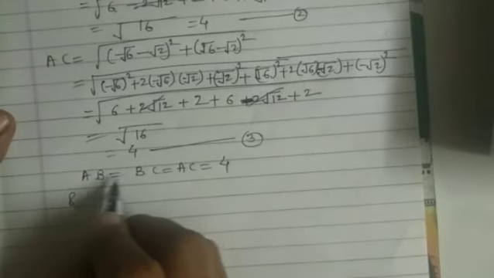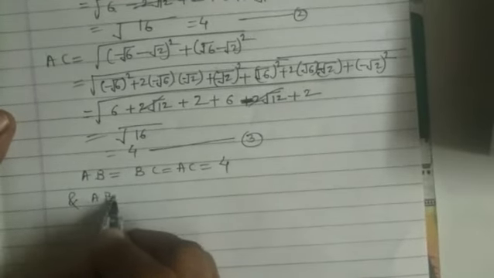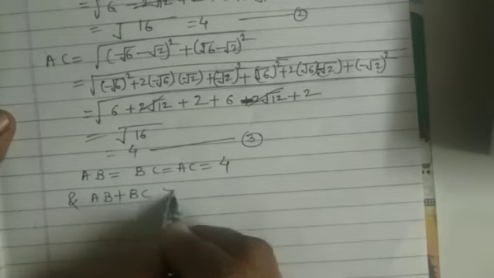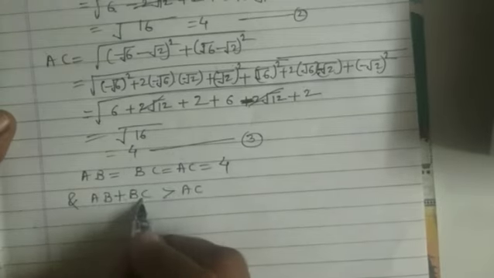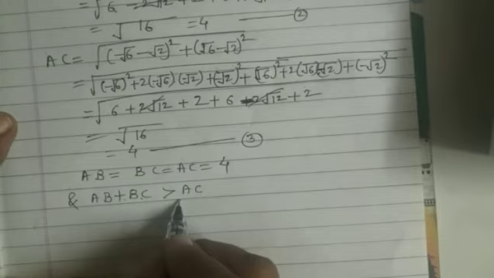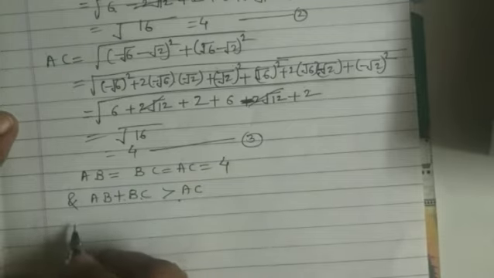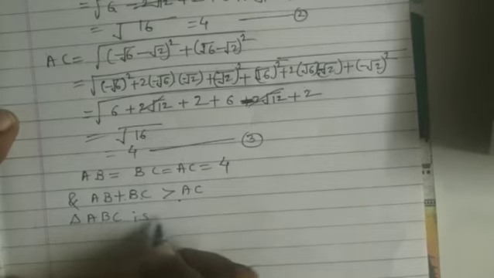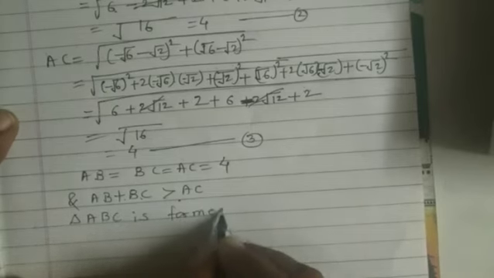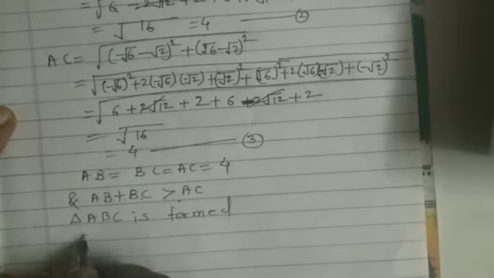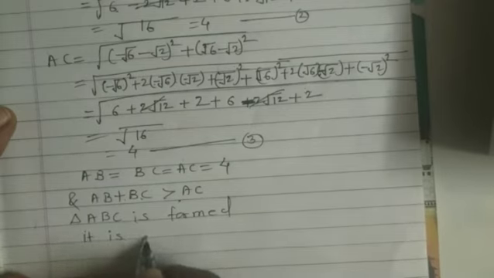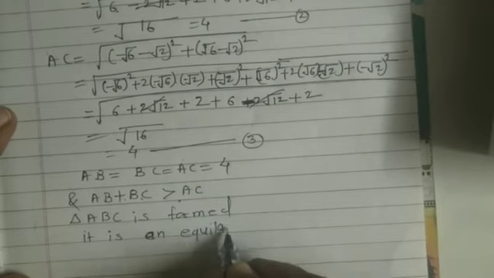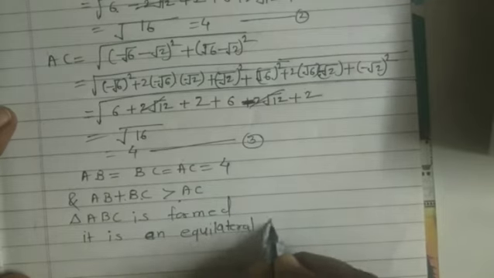Also if we add any two sides, AB plus BC is greater than AC, 4 plus 4 is 8, 8 is greater than 4, and that's why we can say that triangle ABC is formed and its type is an equilateral triangle. It is an equilateral triangle as all sides are equal.